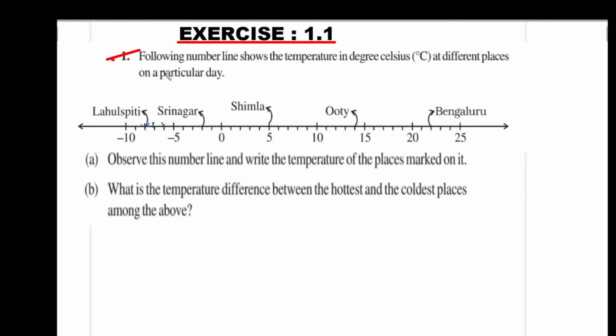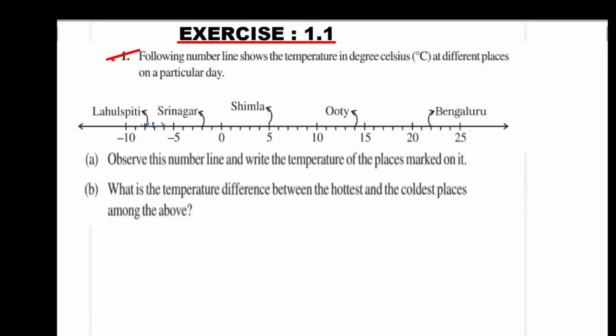It is given: the following number line shows the temperature in degrees Celsius at different places on a particular day. Five place names are given: Lahul Spiti, Srinagar, Shimla, Ooty, Bengaluru.